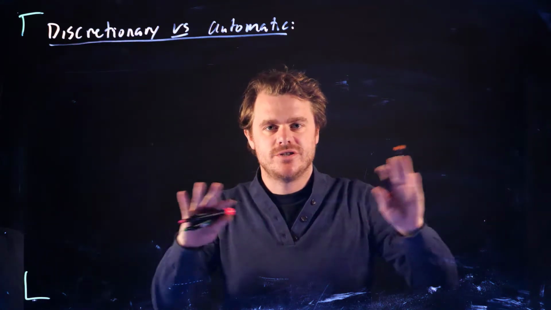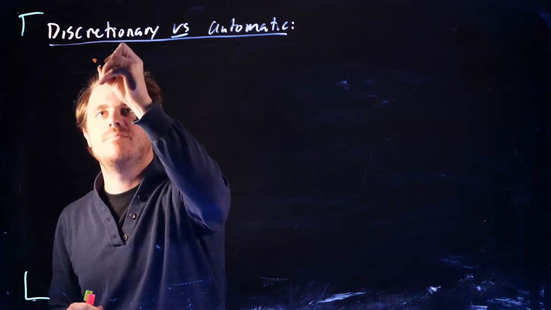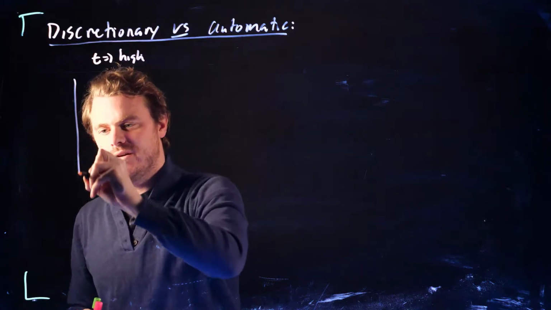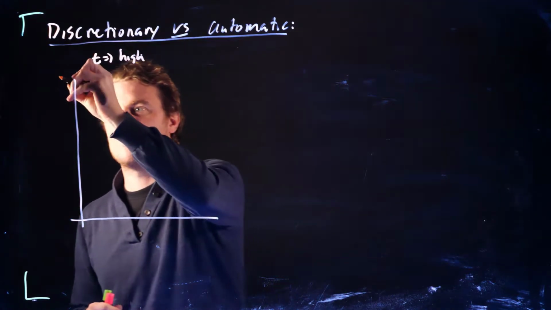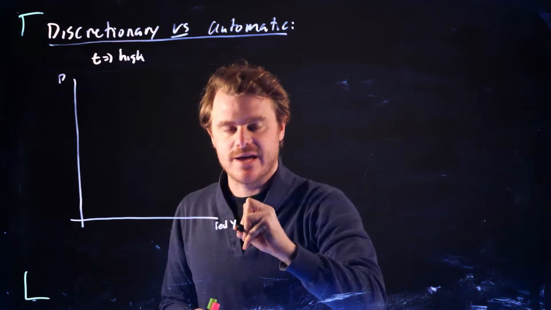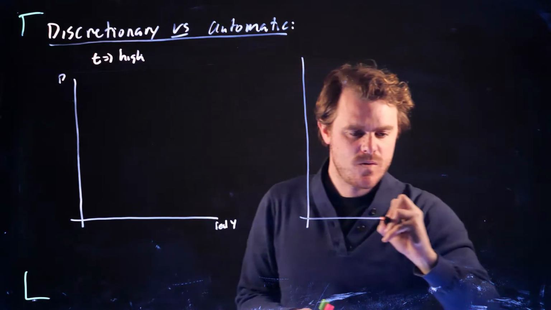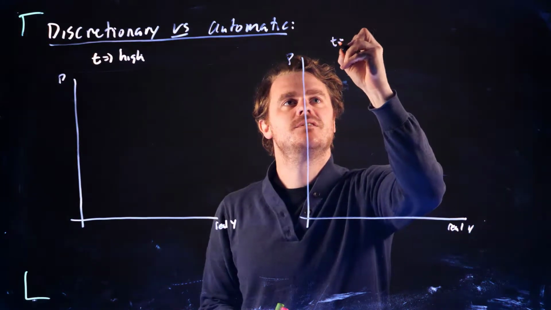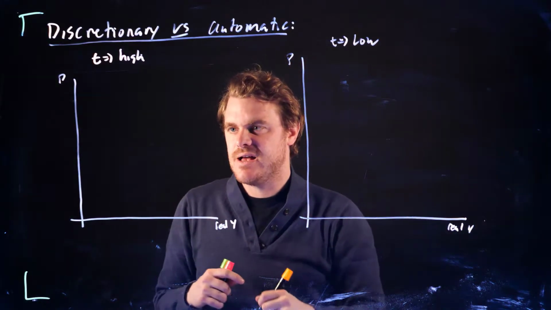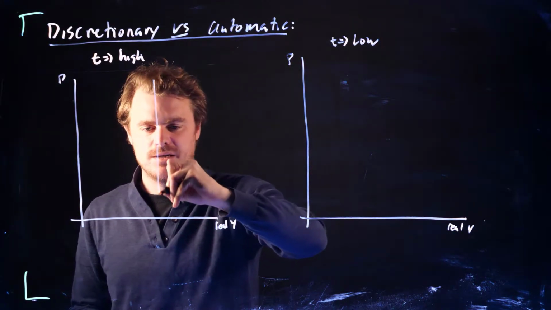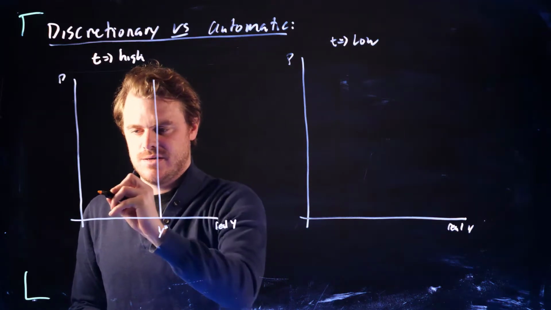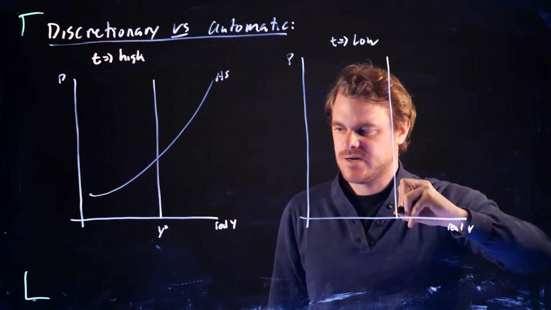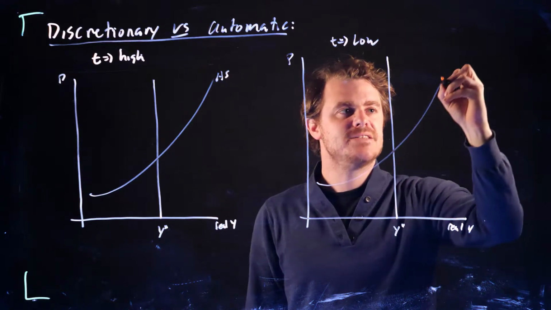So let's imagine there are two economies that are exactly the same, but one has a high tax rate over here and the other has a low tax rate over here. Price, real Y, and let's imagine everything else about these economies is the same. Here's our Y star, here's our AS curve, and again here's our Y star and our AS curve.